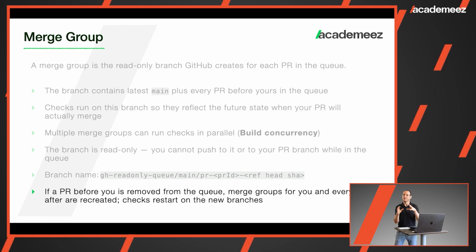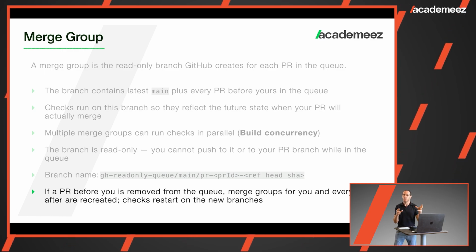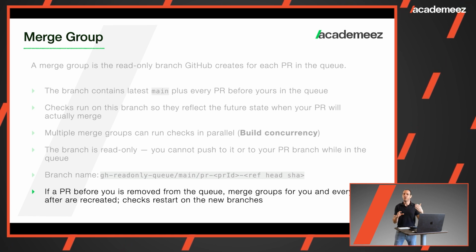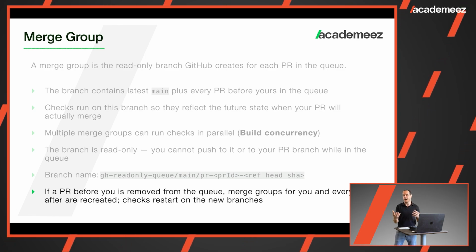This means that all the checks I ran on the current merge group are irrelevant. We need to construct a new merge group without that PR that got thrown away, and then run the checks again. So the queue of PRs might change, and it might affect the merge group branches that are created. They might need to be reconstructed and the checks run from scratch.